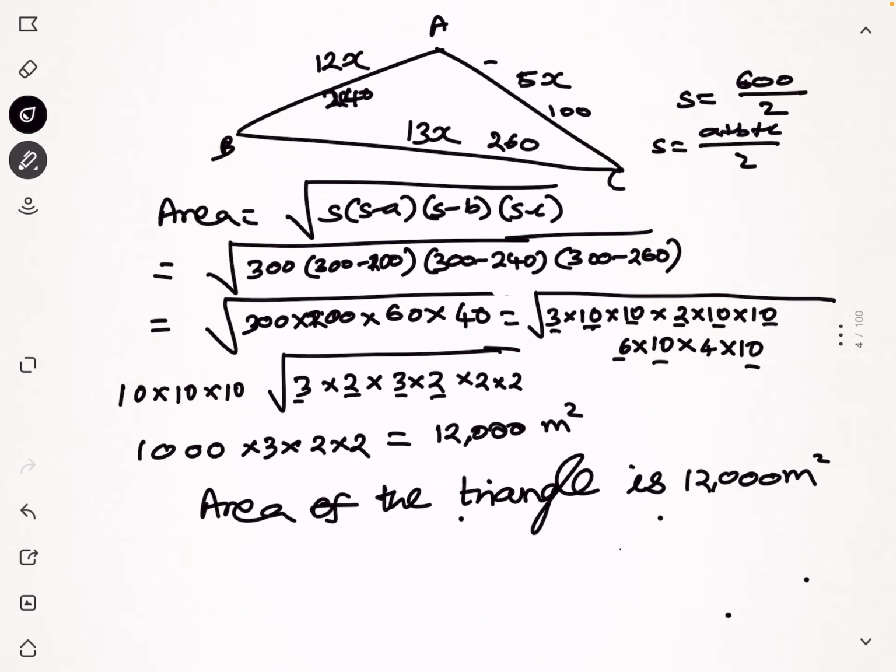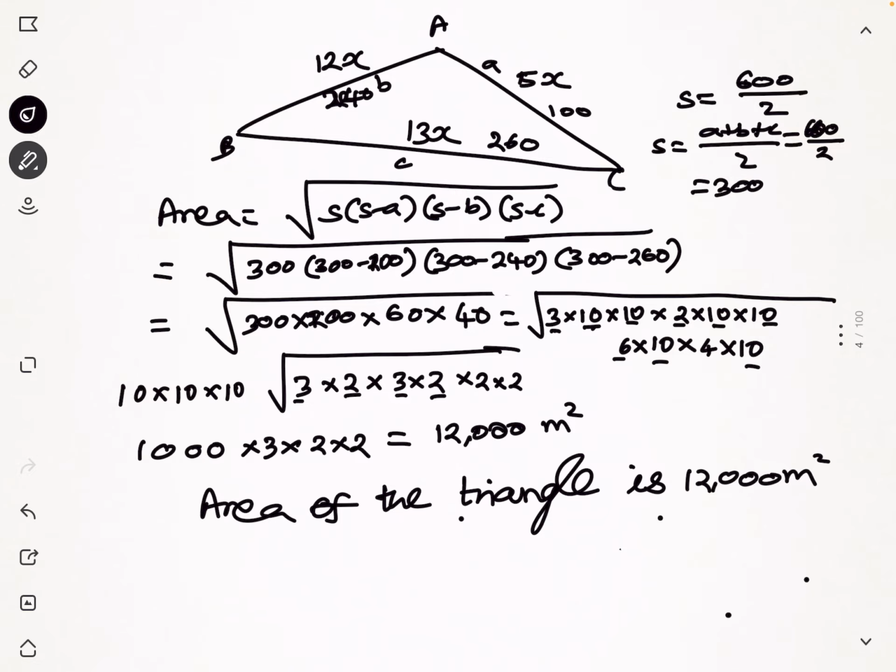You consider this as a, this is b and this is c. That's 600 by 2, which will be 300. That's how we calculated the value of s to be 300, and from there we subtracted and derived the answer 12,000 meters square.